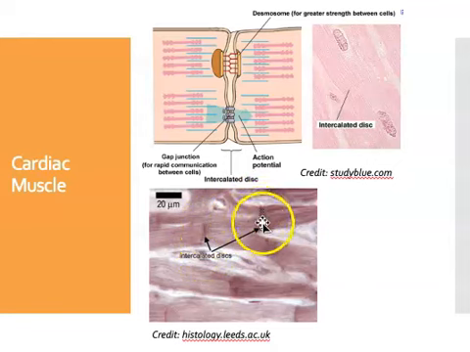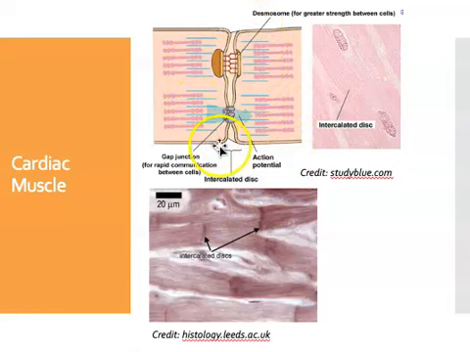These are intercalated discs. And what these discs do is they connect cells together. So these cells aren't just lying one next to each other. They are physically connected one to the next, end to end, by these structures.